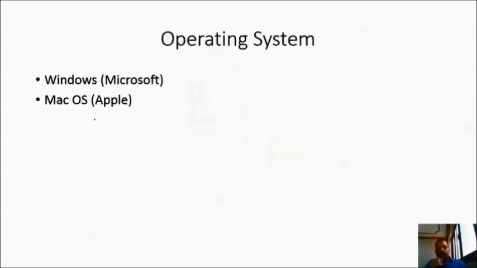If we move to the second thing that we divided our lesson into, here we have operating system. We can look at the operating system as the interface between the user and the hardware.